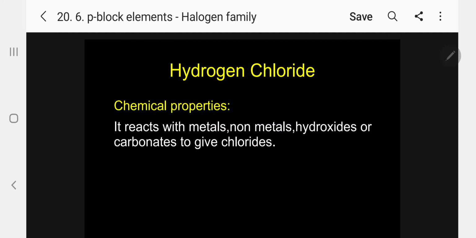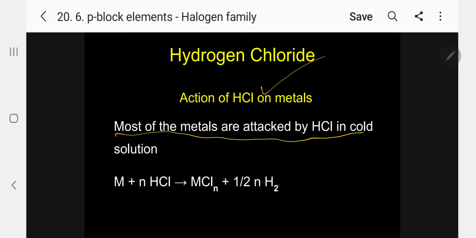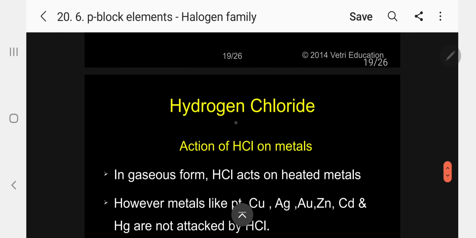The same way here also, I am taking first the action of HCl on metals. Most of the metals are attacked by HCl in cold solution itself. So the general formula: M plus n HCl gives MCln plus n/2 H2. This is general. Let me give specifically.